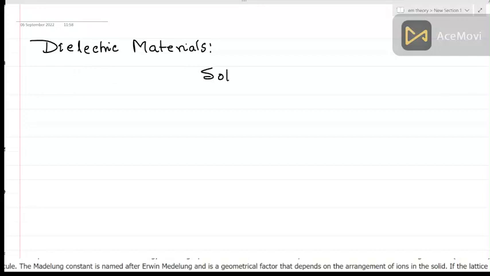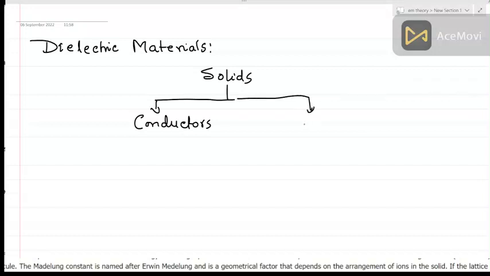Till now, whatever you have studied in electronics or electrical theory, you have studied that the solids can be classified as conductors and insulators. These are two extremes of the solid state.